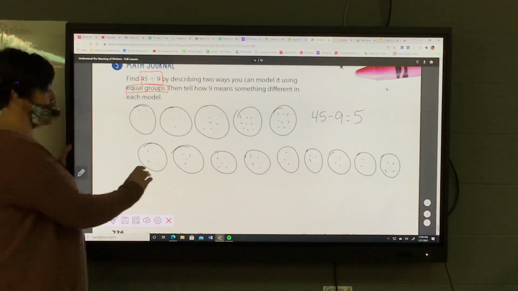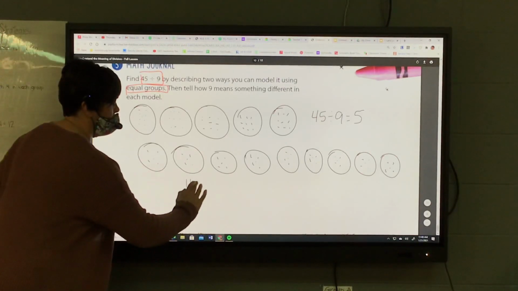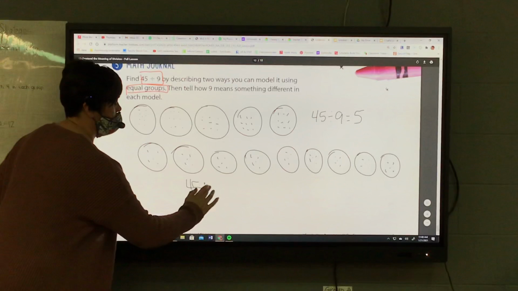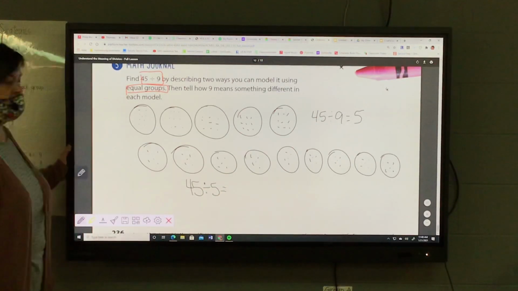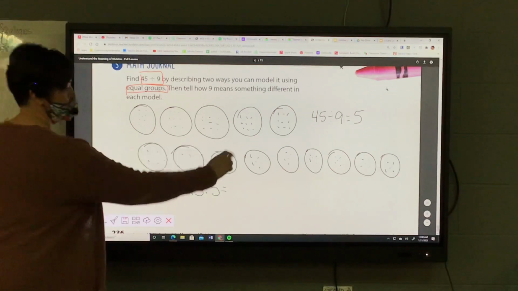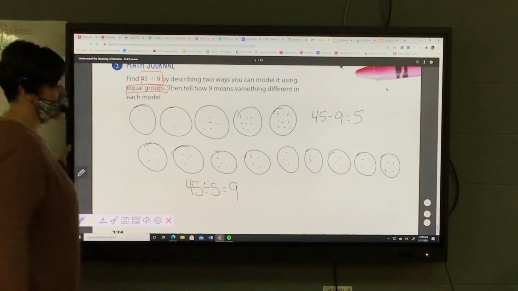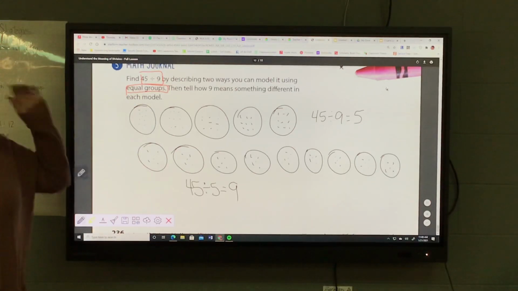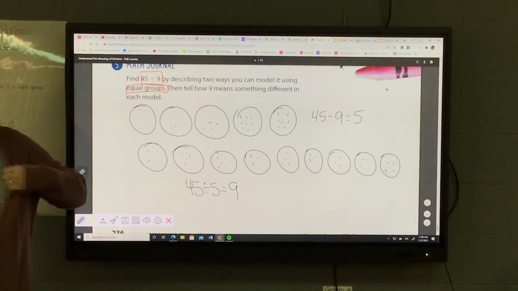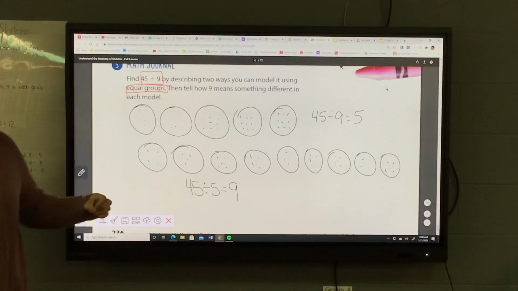So this time I said 45 divided by 5 equals how many groups? 9. Those were the two ways that you would have made those equal groups.